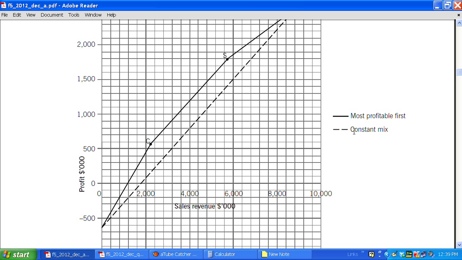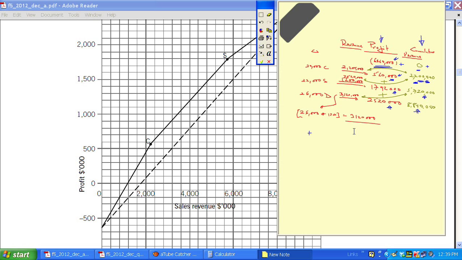So that's the first thing we're going to say: when the company sells the most profitable product first, break-even is much lower compared to the constant mix. The examiner is looking for such a statement.